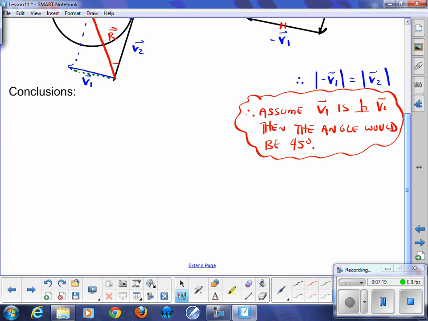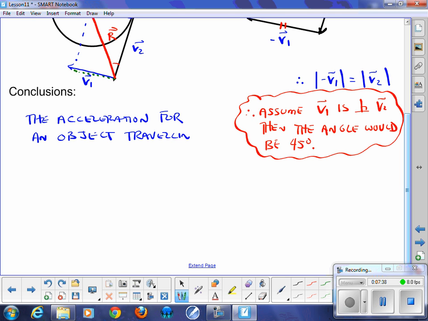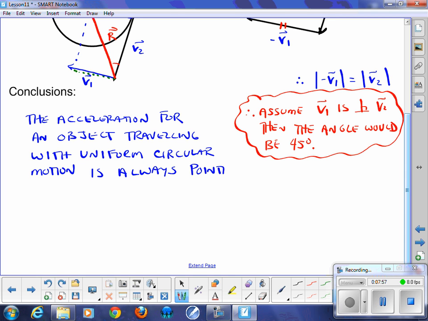But the general conclusion I want to generate here is that the acceleration for an object traveling with uniform circular motion is always pointing in the direction of the center of the circle.